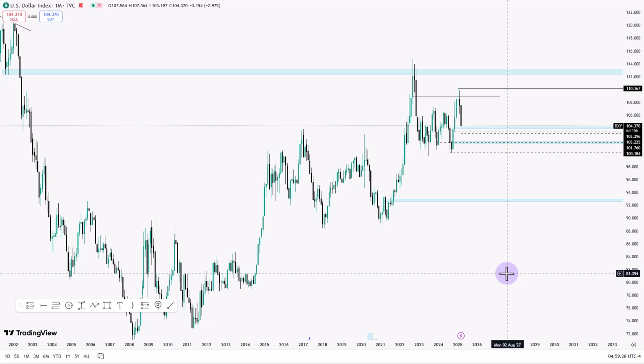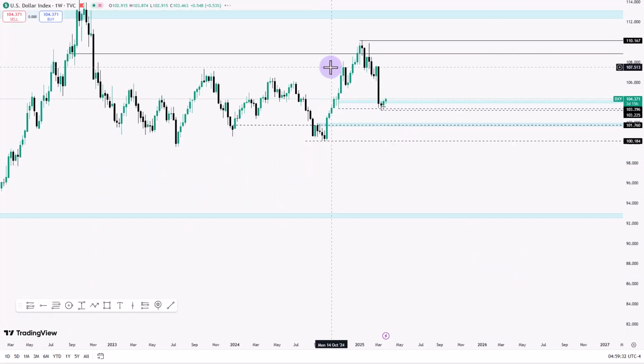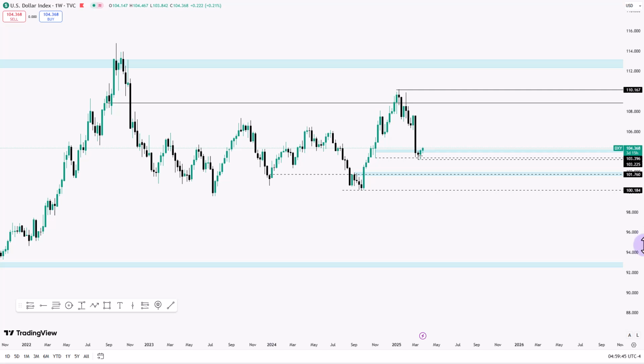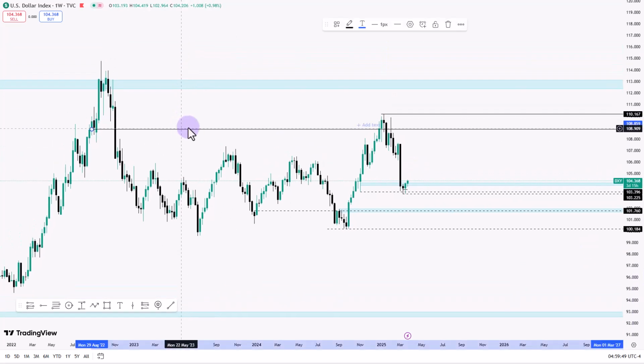Okay, so on the weekly time frame, we saw that displacement to the downside. Look at the momentum in the sell candles after we traded into that monthly bearish order block. On the weekly, it's actually a sell side imbalance, buy side inefficiency. Why did I say that?